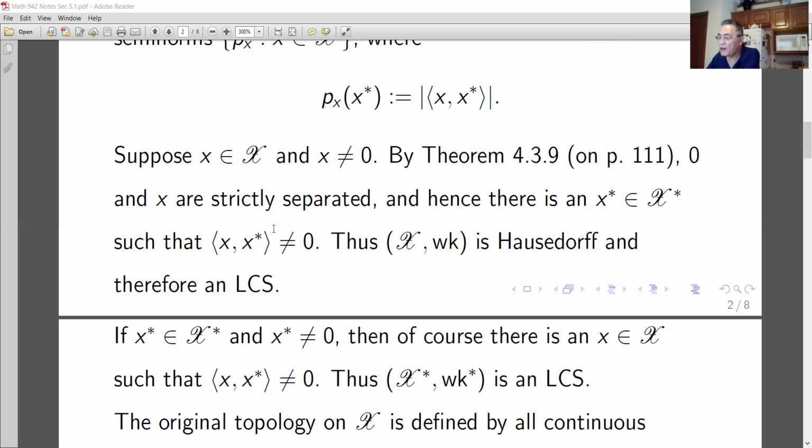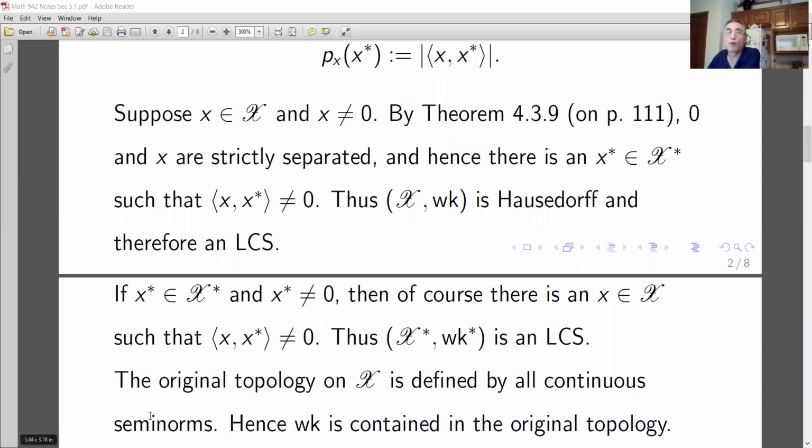The original topology of X is defined by all continuous seminorms, but the weak topology is defined by only some continuous seminorms.